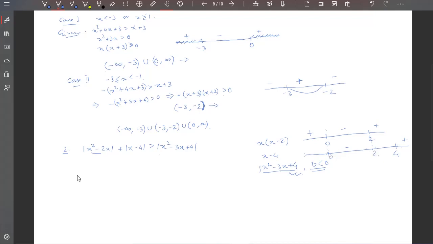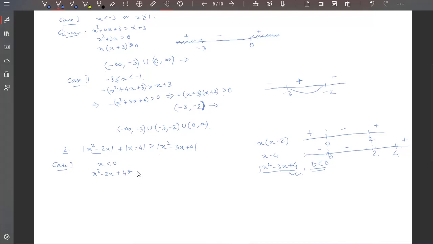So we are writing case 1. When x is less than 0, this one will be positive, x square minus 2x. x minus 4 will be negative, 4 minus x.